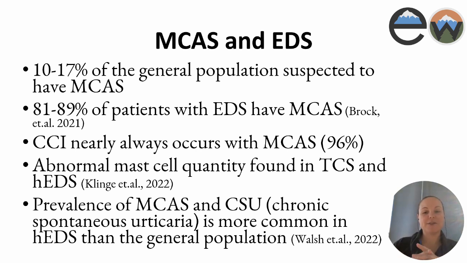There's also, when we look at tethered cord syndrome in those with HEDS, an abnormal mast cell quantity found in the neural tissue. Again, a different time I'll be talking about that at length, one of my favorite things to talk about. But there is this immune inflammatory response that seems to happen in other tissues of the body.